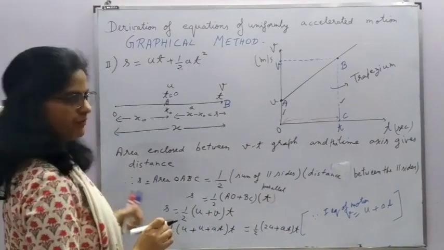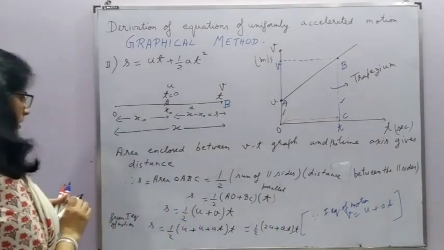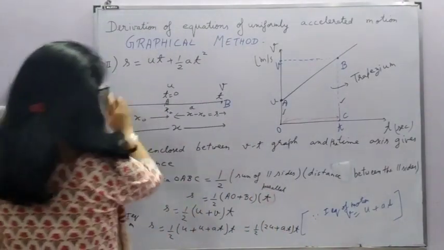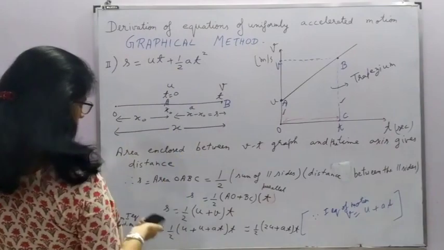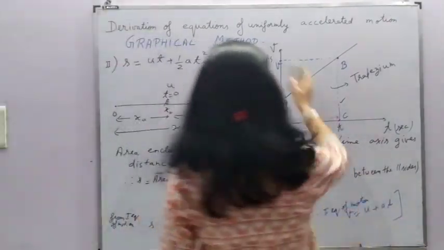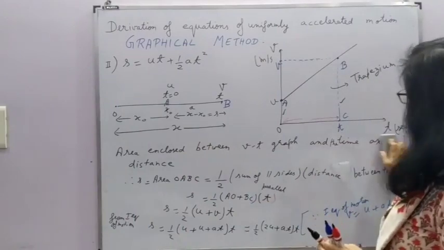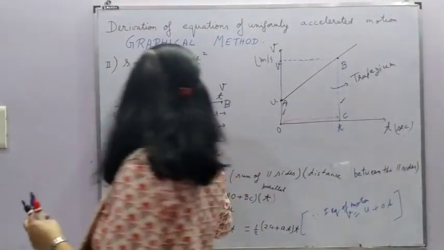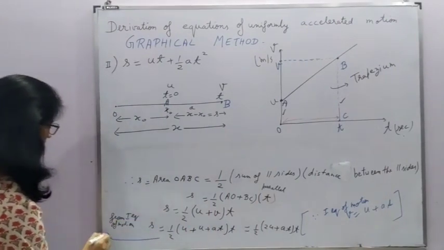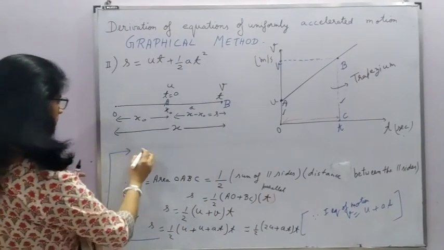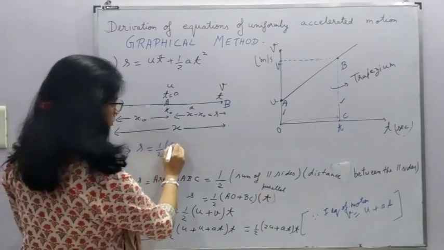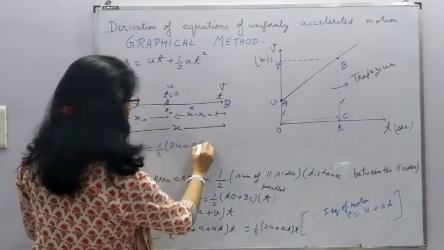So what does it give? So from here to here, this s is equal to half 2u plus at into t.